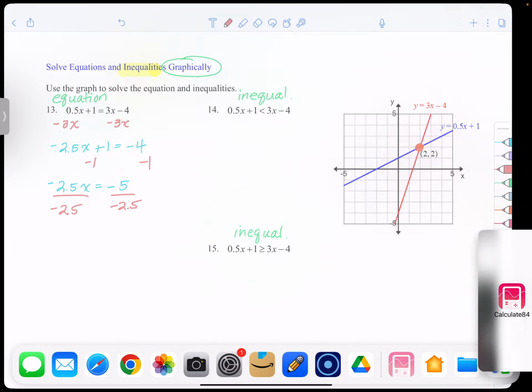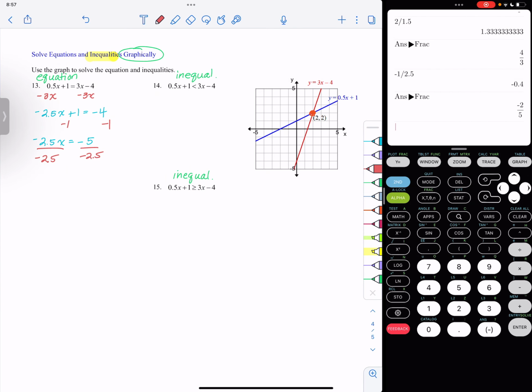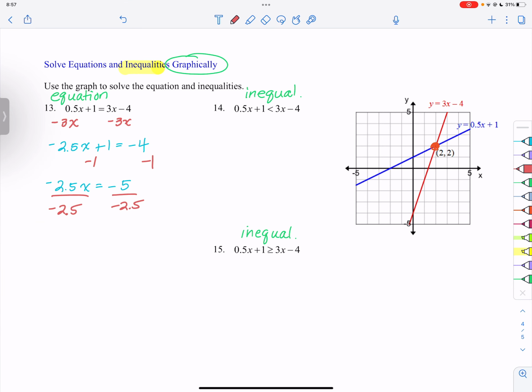And as you can see here, we will have a negative divided by a negative is a positive. So we'll just go ahead and divide 5 by 2.5. And you probably already figured out that that was 2. That wasn't too bad because 2.5 goes into 5 twice. So we have x is equal to 2.